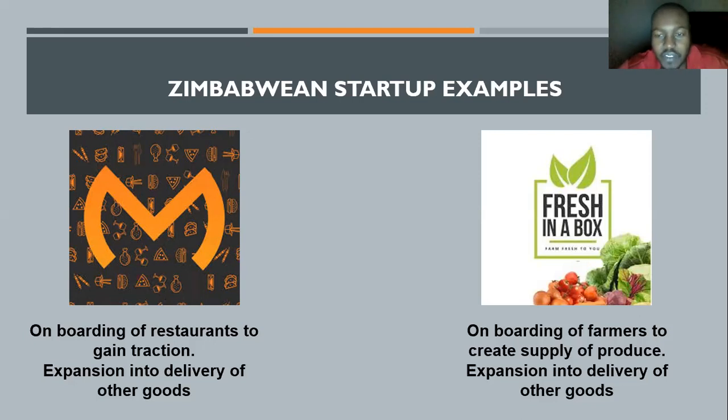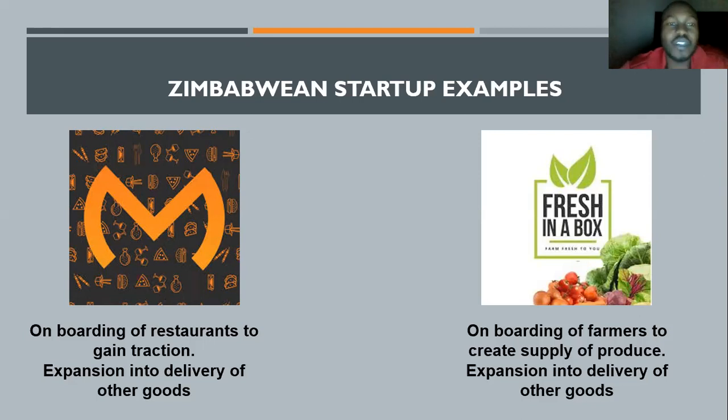Then on the other side, you have Fresh in a Box, which got farmers so that they could ensure supply of the freshest produce, which is what they've done. So they have the farmers ensuring that they have the freshest produce. And we know the farmers want to sell the produce, but they don't want to haggle at the grocery store.